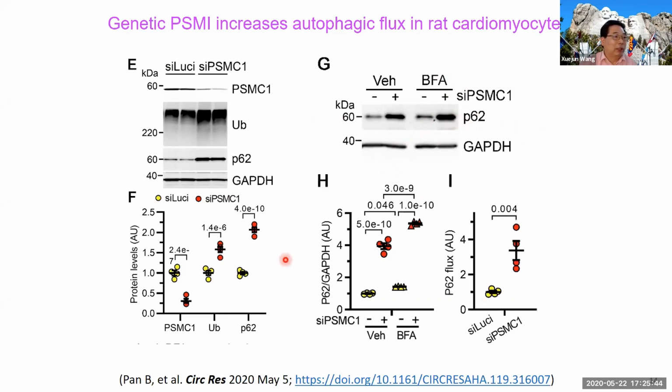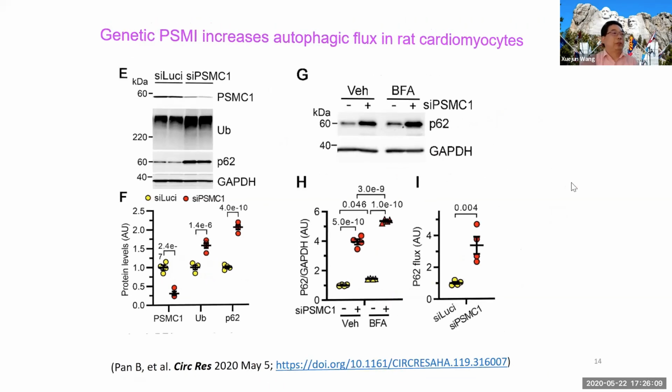In other words, the P62 flux is increased in genetically induced proteasome inhibition in rat heart muscle cells. That points out that P62 is primarily degraded by autophagy. So P62 flux, just like LC3 flux, reflects autophagic flux.